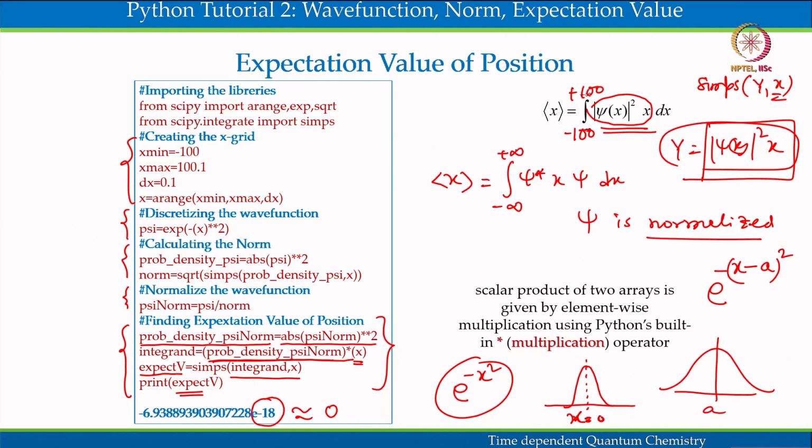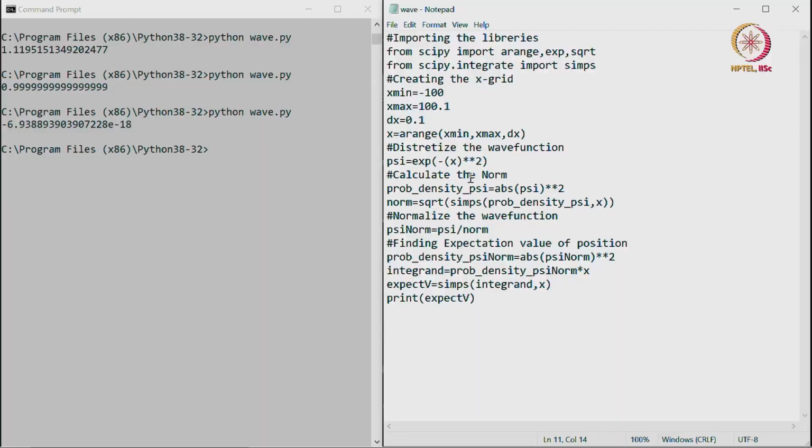We will move to the laptop. I will just change the definition of this Gaussian function. According to the definition which I have used right now, this is centered at x equals 0. Now I will center it at x equals, let us say 3, x minus 3, that is why I am writing. And once we do that, we will check what is the expectation value we have.